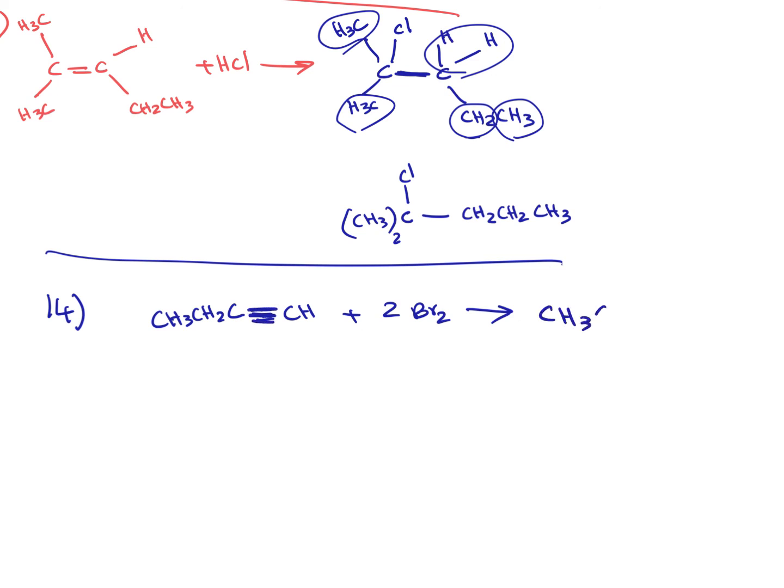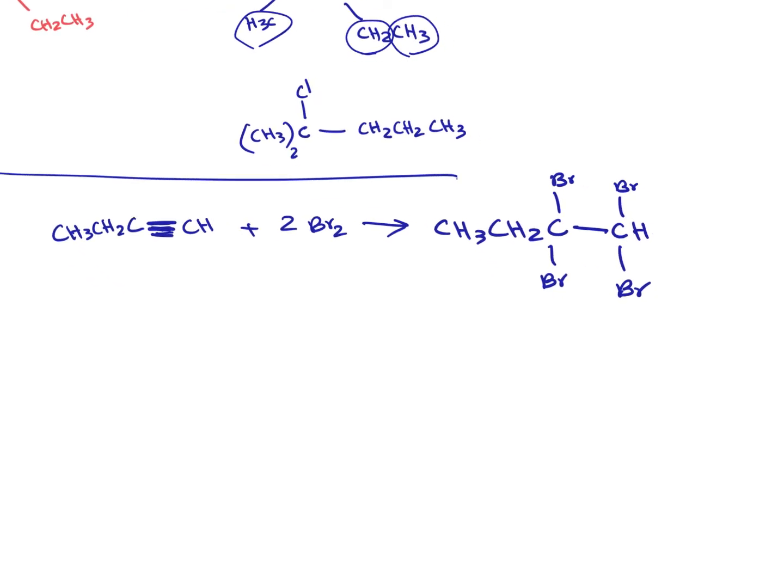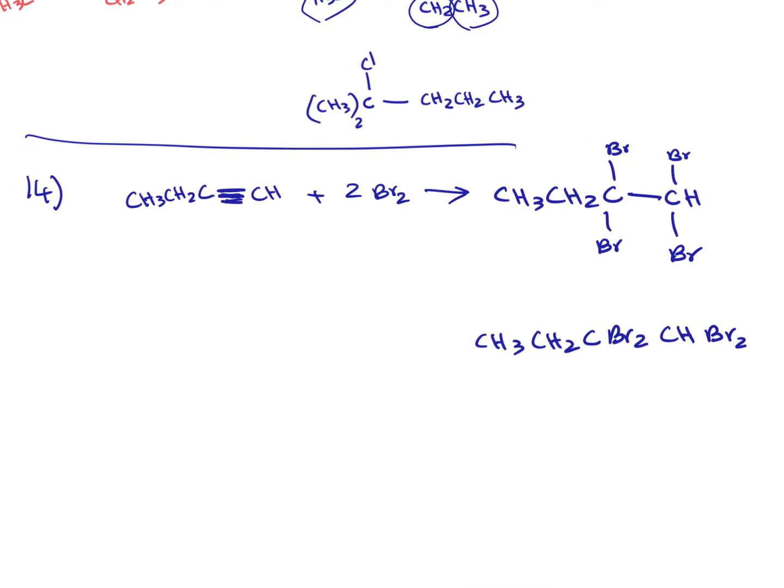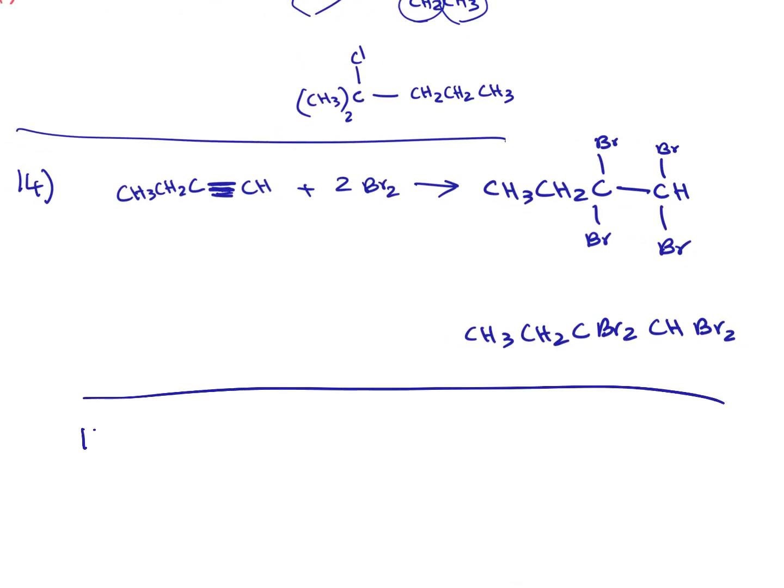So if we do that, we add 4 Br atoms here, right? And we can also write this as CH3, CH2, C, Br2, CH, Br2. Okay, let's go to question number 15.